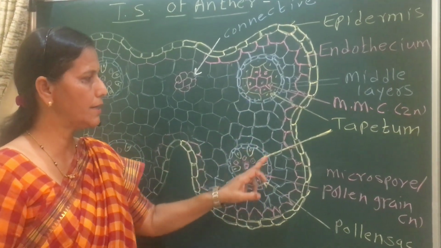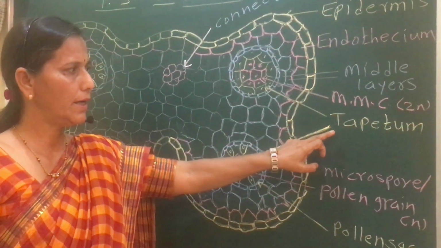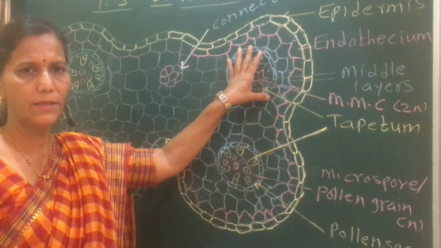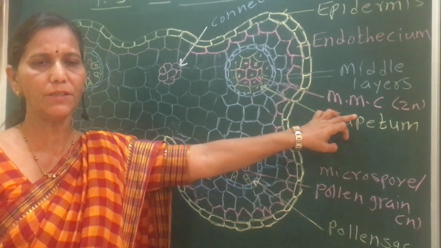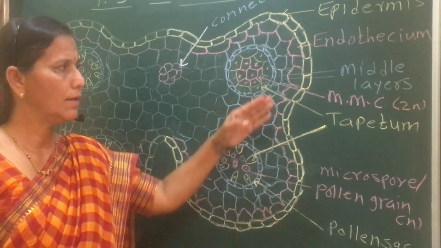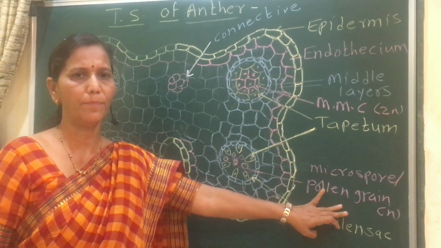Each pollen sac is covered by tapetum, and in its interior, if the pollen sac is immature, it shows microspore mother cells which are diploid, and in mature anther pollen grains are seen which are haploid.